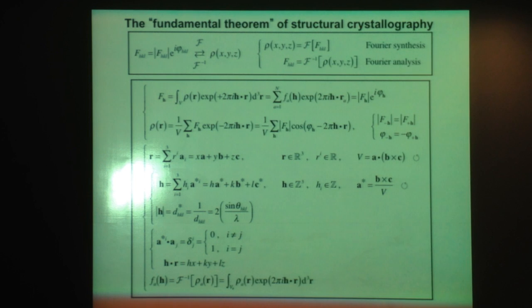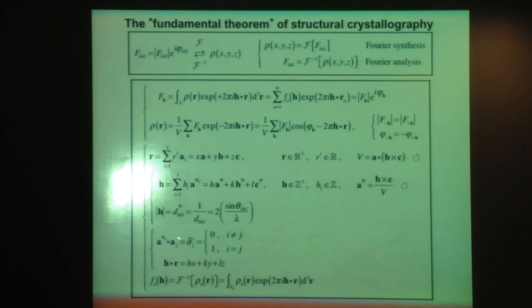This is what, for example, J. Willard Gibbs figured out and promulgated: if we take the reciprocal space basis vector and dot it into the corresponding real space basis vector, then we get this Kronecker delta again.